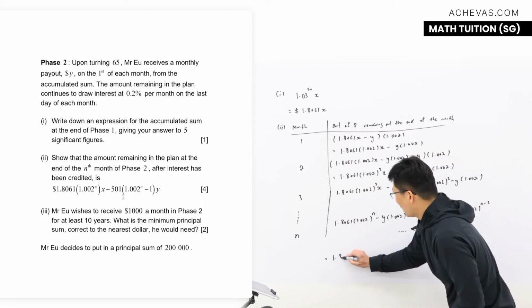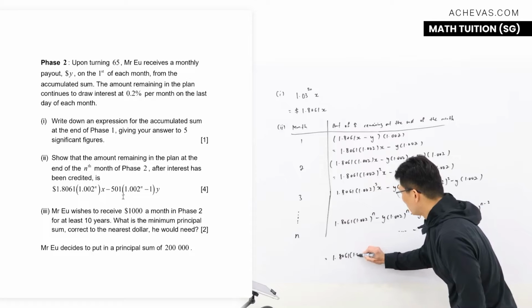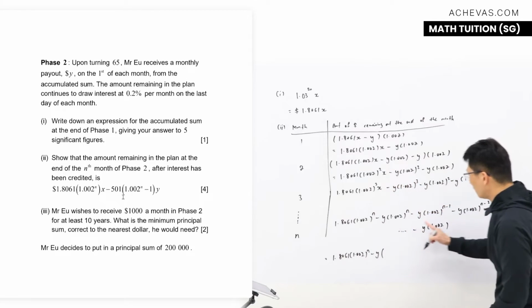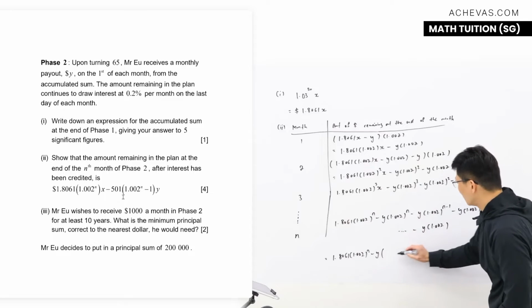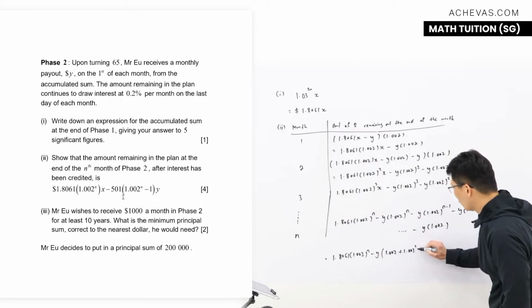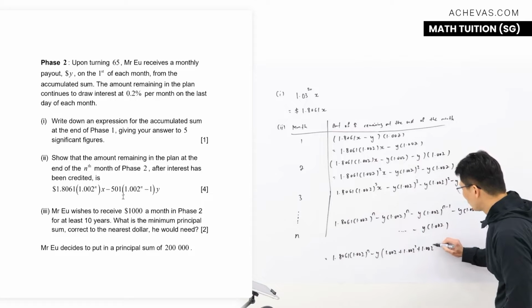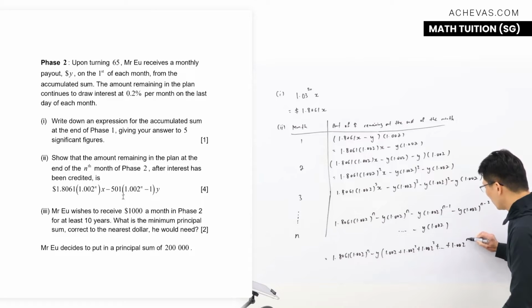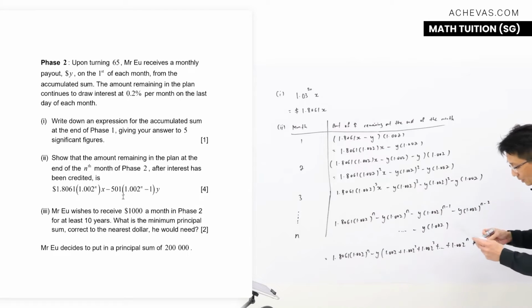I end up with 1.002 and take out the y, the common factor among all these terms. Reversing the sequence, I get 1.002 + 1.002 squared + 1.002 cubed, all the way until 1.002 to the power of n.